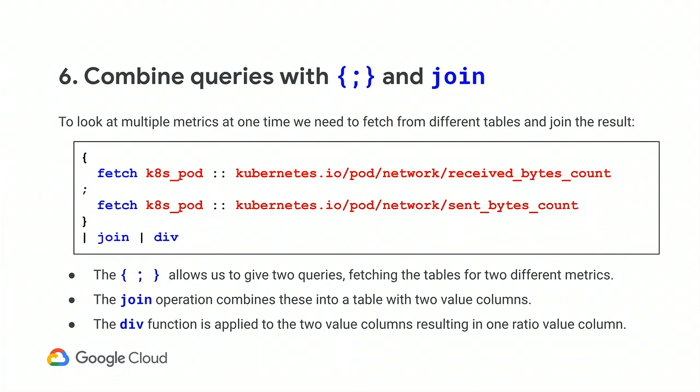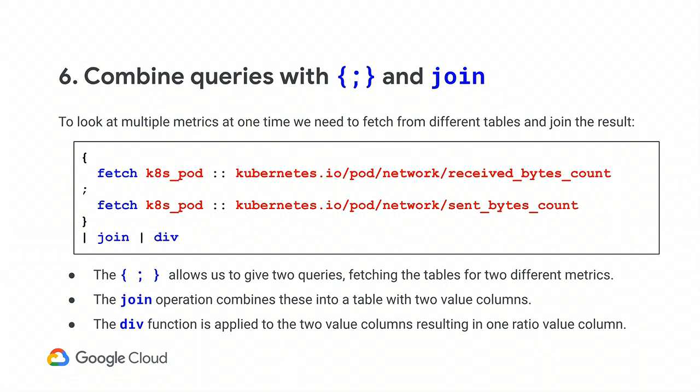So this basically produces 2 different tables, one for each of the queries. Those 2 tables then are piped into the join, which combines them into one table, but that table now has 2 value columns, one from each of the input tables. And that can be piped into a div operation, which takes the 2 values, divides them, and produces a single ratio and a single value column table for output.